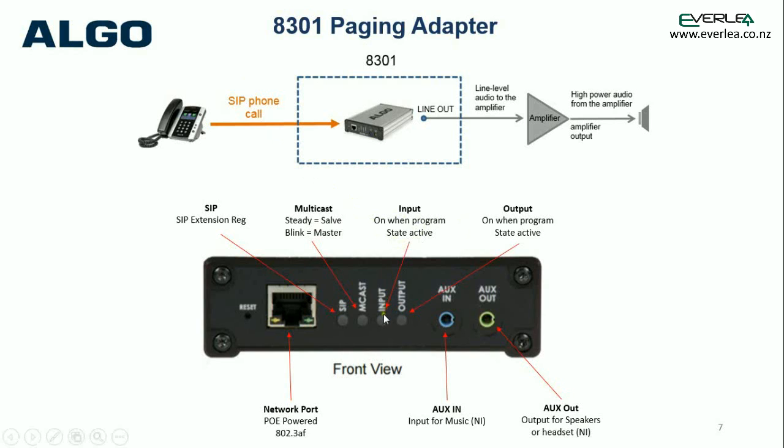The input will be active if we have got an input source program to be turned on. Now, for example, here is your aux in. This would be for music on hold.